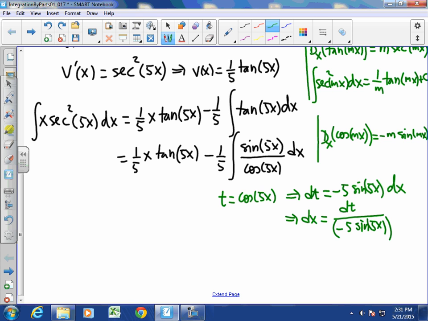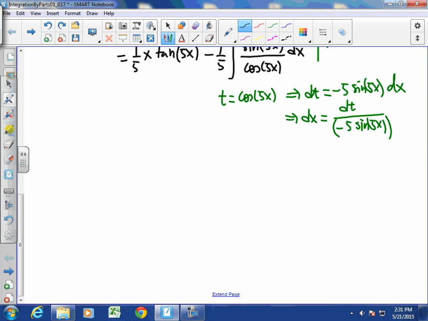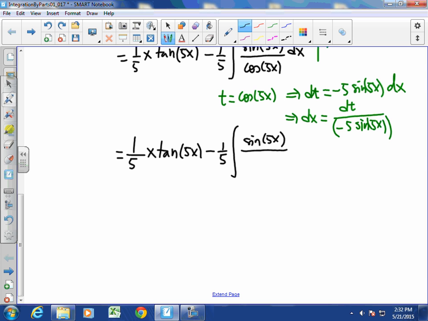So replacing this in the integral on the right hand side, we get 1 over 5 x tangent of 5x minus 1 over 5 integral of sine of 5x, we're going to keep it first, over t times dt divided by negative 5 sine of 5x.